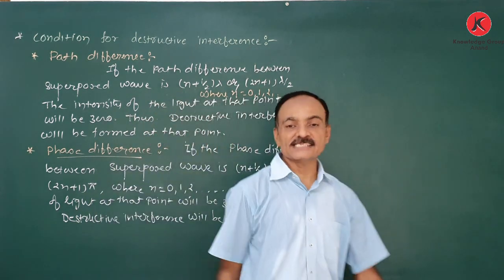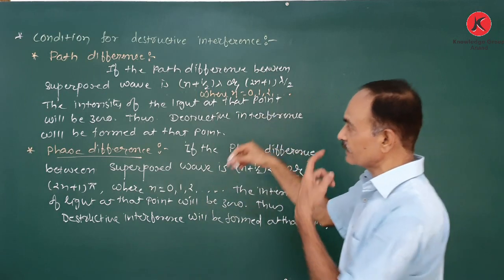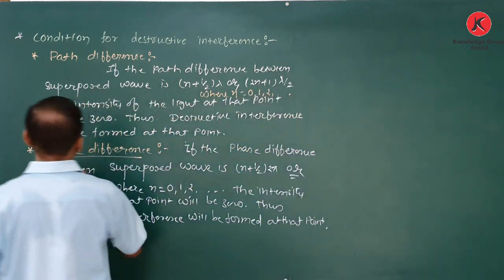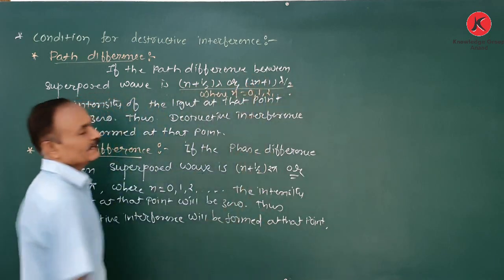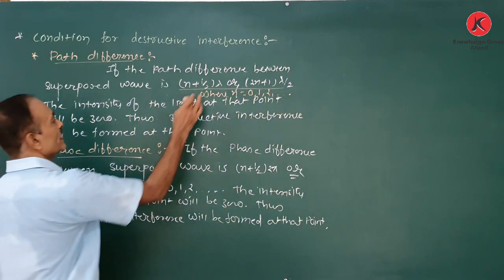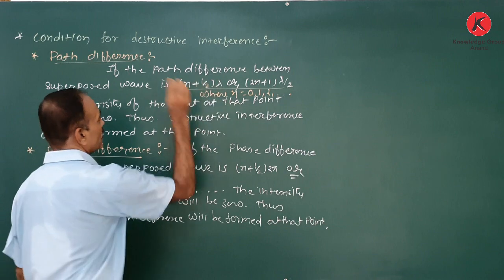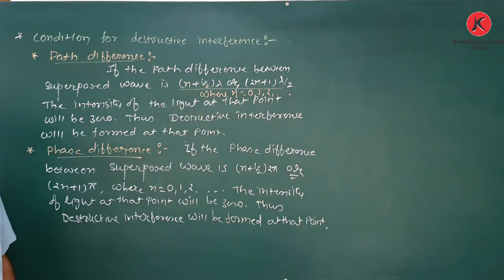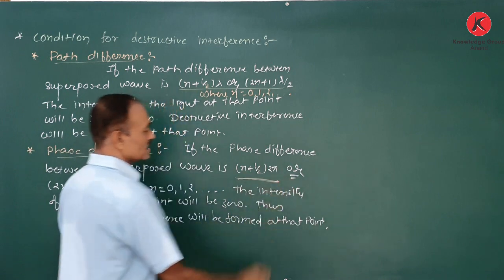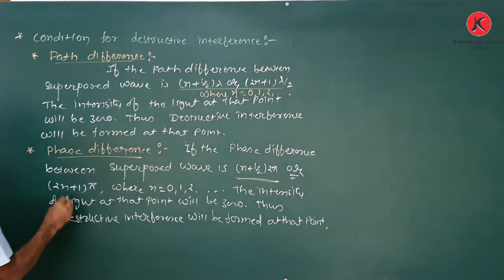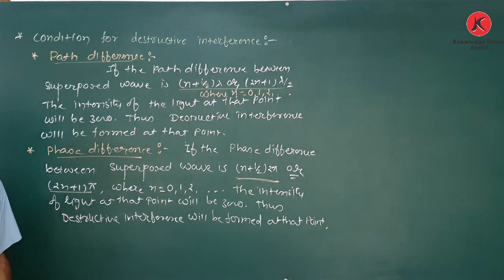So there is the condition for the destructive interference in terms of the path difference and phase difference. Path difference is n plus 1 by 2 into lambda, or 2n plus 1 into lambda by 2. And phase difference is either n plus 1 by 2 into 2 pi, or 2n plus 1 into pi. Clear this thing?